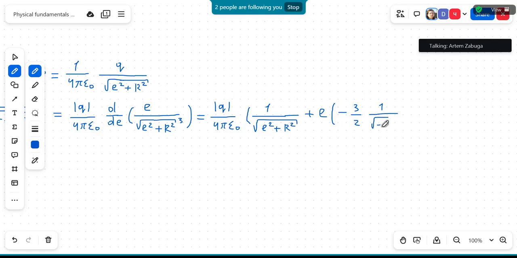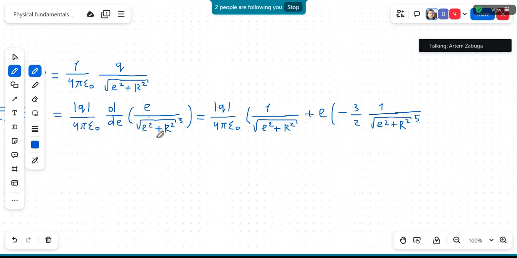So here we will have L to the power of 2 plus R to the power of 2, to the power of 5.